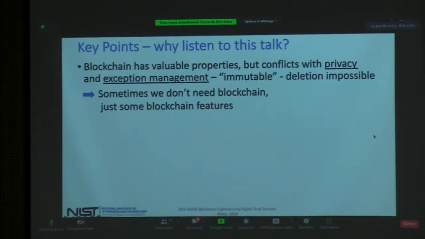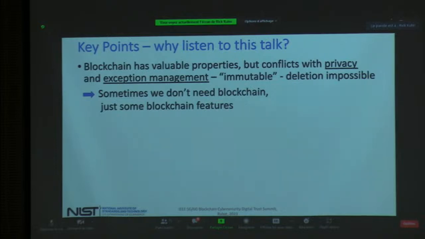So the main points of this talk, the first thing, and we're going to keep coming back to this, is that for many applications, we don't really need all of the features of blockchain. In particular, blockchain immutability, which is very valuable and essential for a lot of applications. But for some uses, it is a problem. It is a problem with respect to privacy and for exception or error handling in some cases.